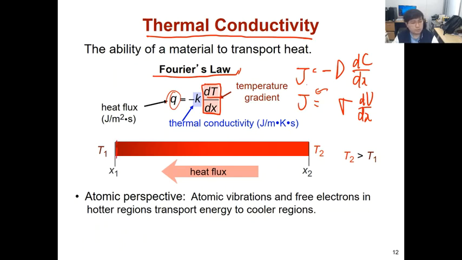If we have a temperature difference, heat must flow from the high temperature to the lower temperature.